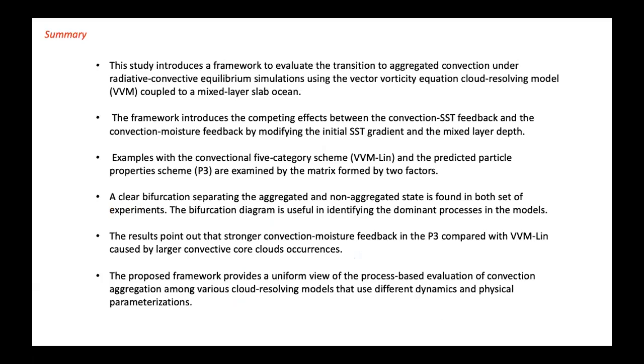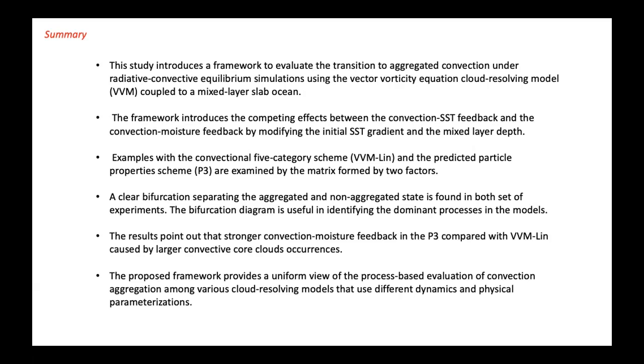Okay, here's a summary. This study introduced a framework to evaluate the transition to aggregated convection under radiative convective equilibrium simulations using VVM. And the key idea is to couple the VVM with a mixed layer slab ocean model. This framework introduced the competing effect between the convection SST feedback and the convection moisture feedback by modifying the initial SST gradient and mixed layer depths.